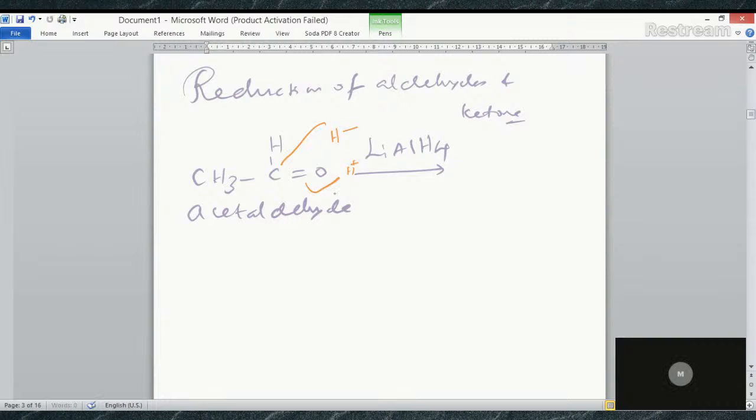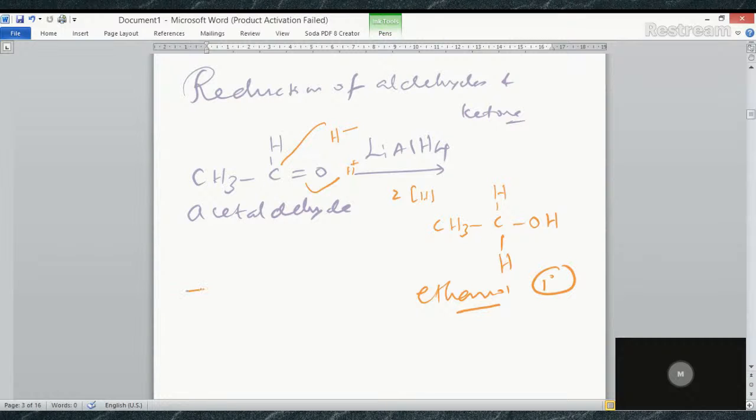So attack of nucleophile followed by protonation, because it is to be supplied with 2 hydrogens, so that the product would be CH3 CH2 OH. The corresponding alcohol is formed. The alcohol formed is ethyl alcohol, ethanol, a primary type alcohol.